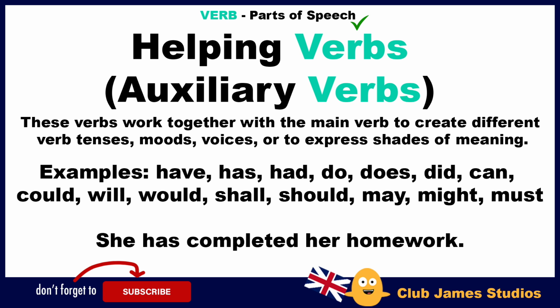These verbs work together with the main verb to create different verb tenses, moods, voices, or to express shades of meaning. Examples: have, has, had, do, does, did, can, could, will, would, shall, should, may, might, must. She has completed her homework.